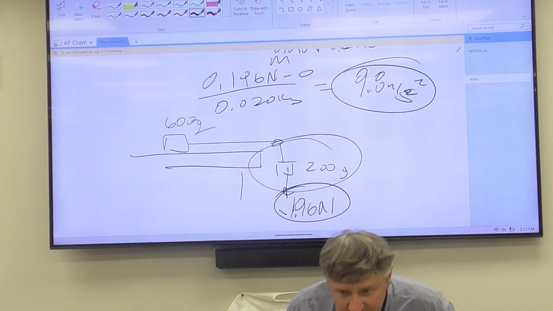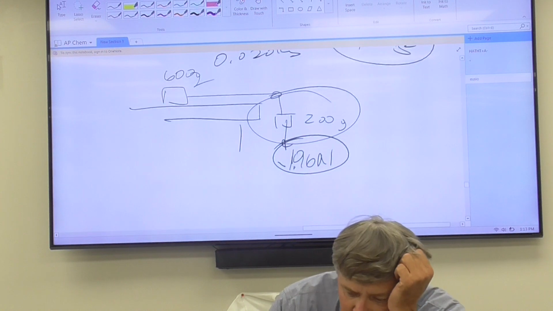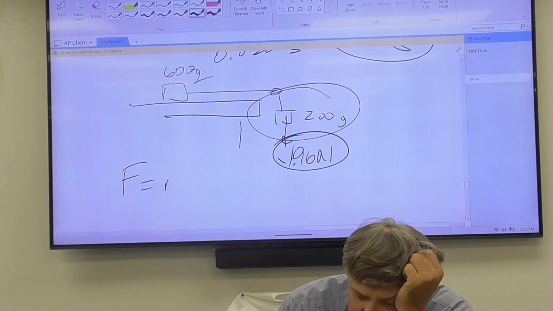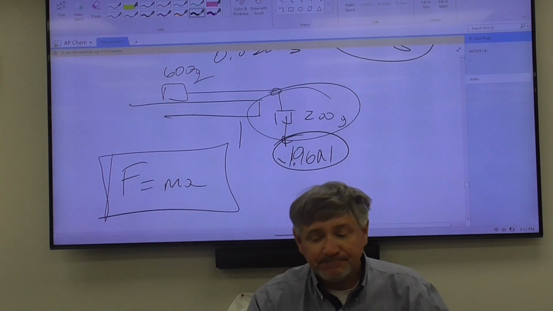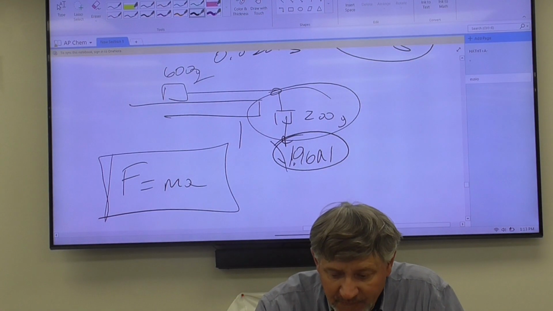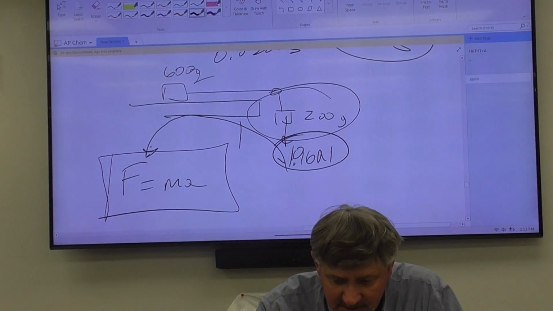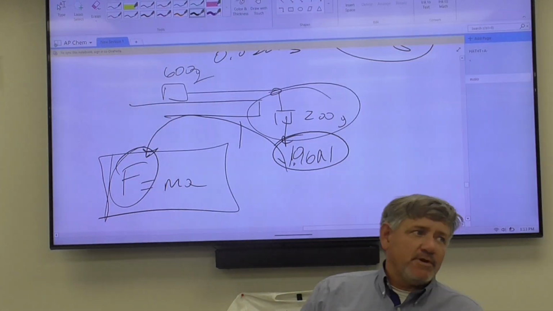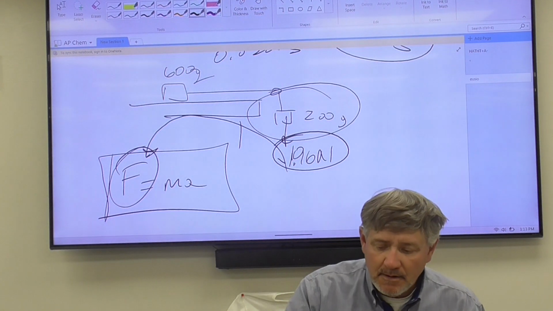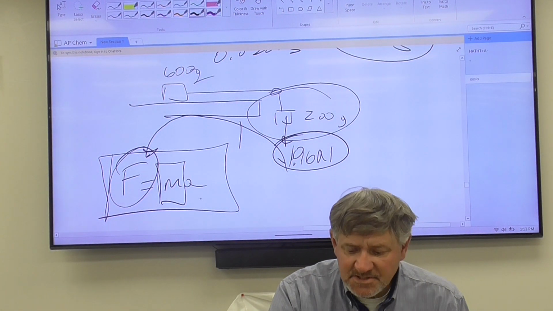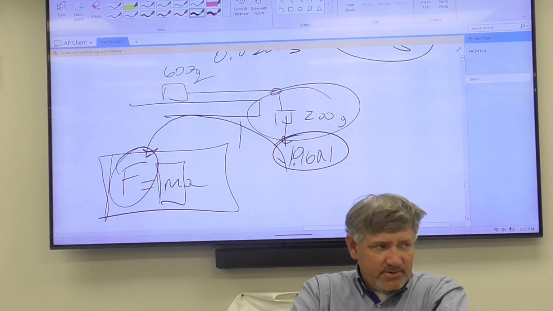So here's the story. If you look at F equals ma, which is the heart and soul of this thing, the force acting on the system to make it accelerate is the 1.96 newtons. That's what you've got. The question is, which mass do you use?